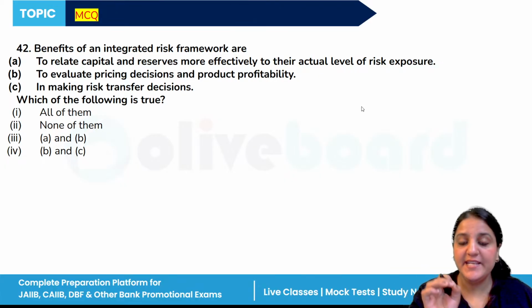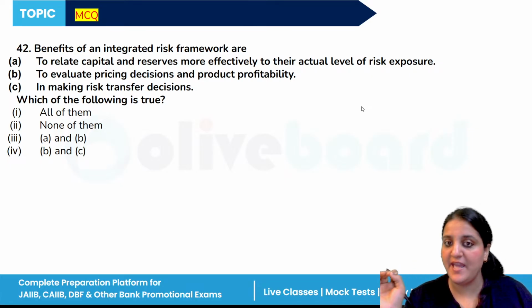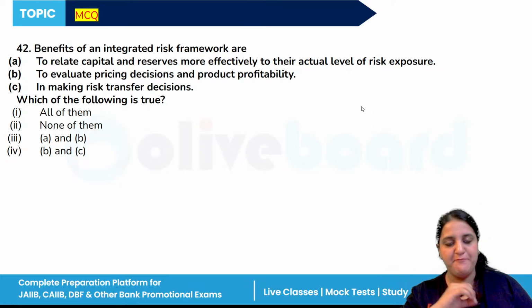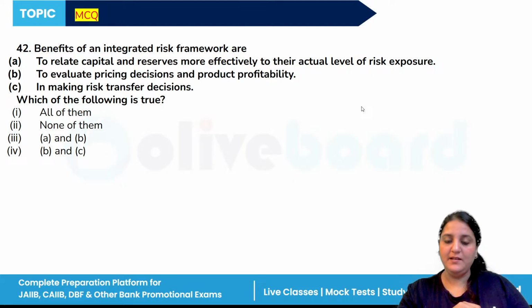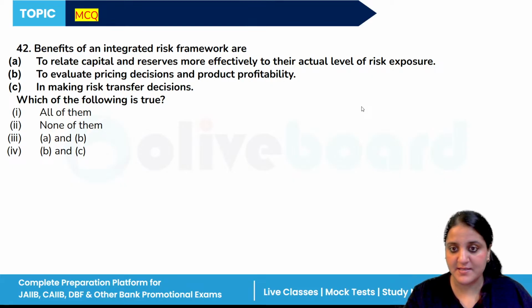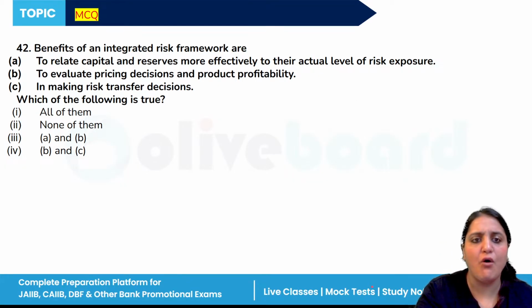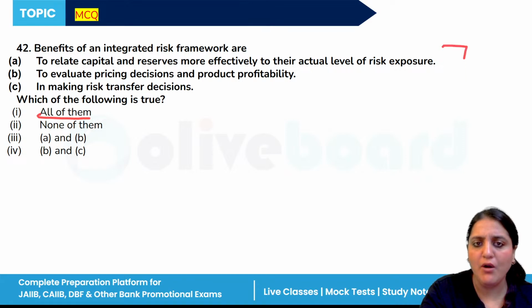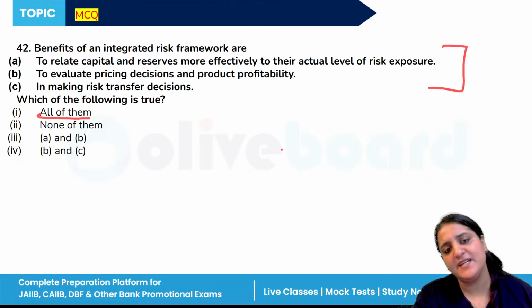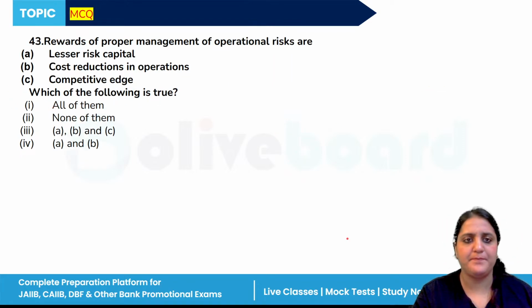C. Integrated framework ensures risk-adjusted decision making across the bank's operations. If the bank is setting aside capital for the risk, pricing of loans becomes better and they can decide which risk is to be hedged. So the correct answer is all of them. These are all important for an integrated risk framework.